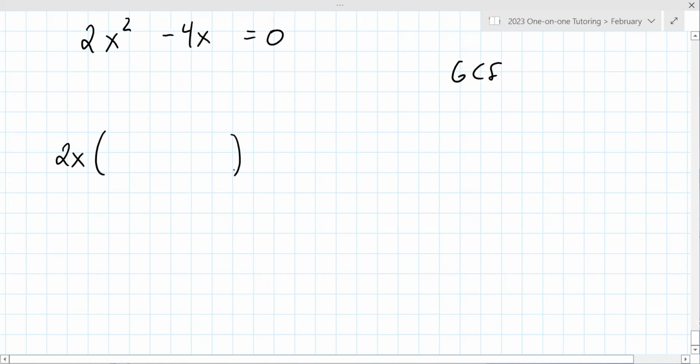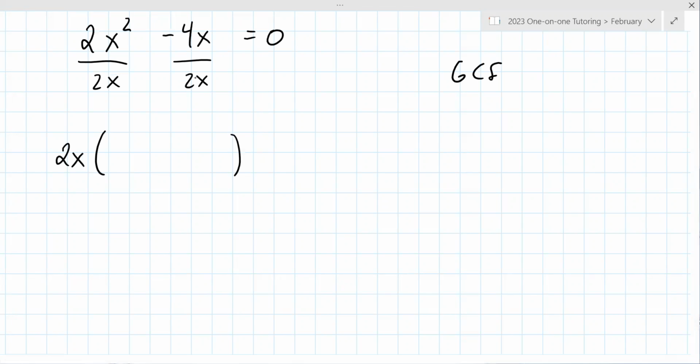You're dividing both of these by the 2x. Whatever goes into both of them.